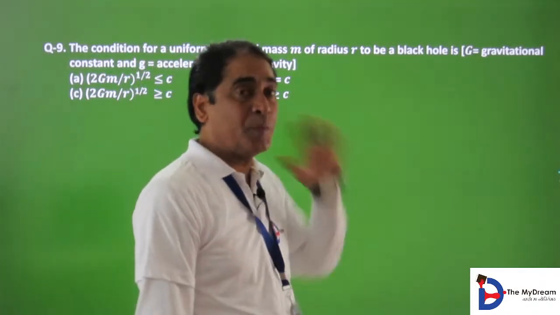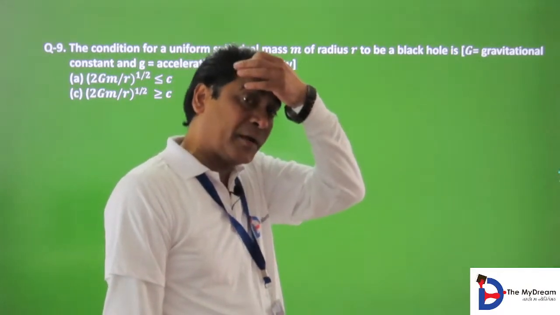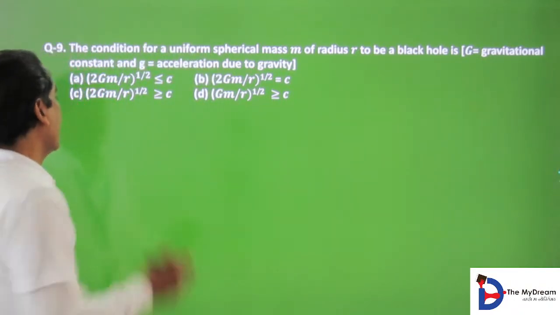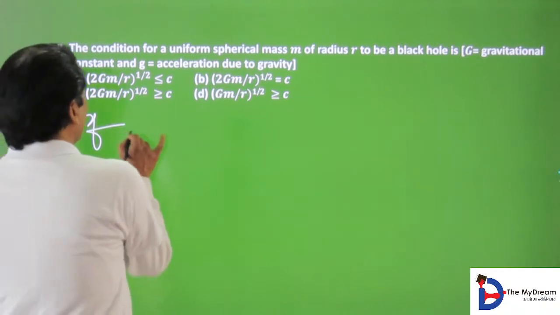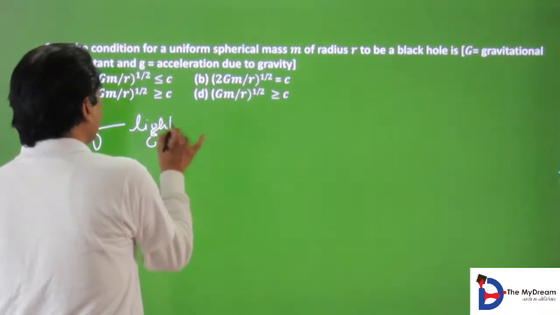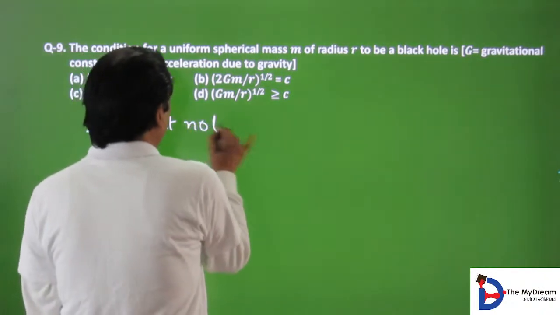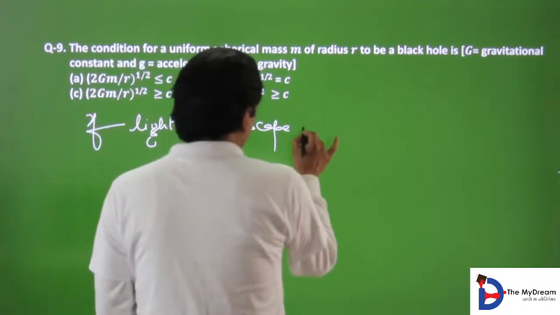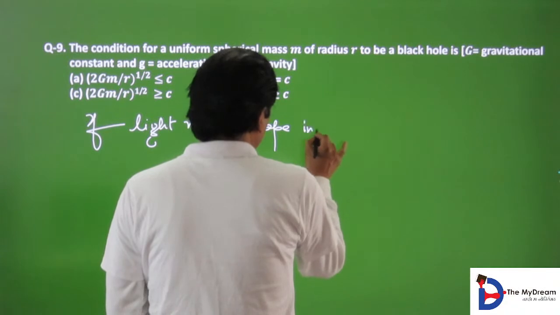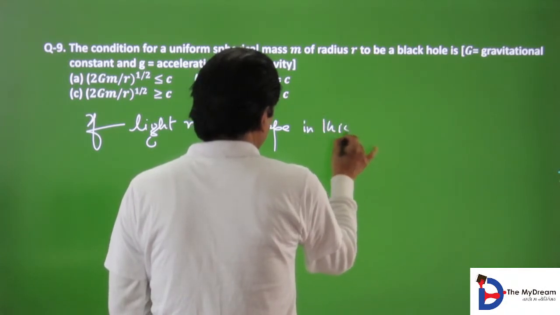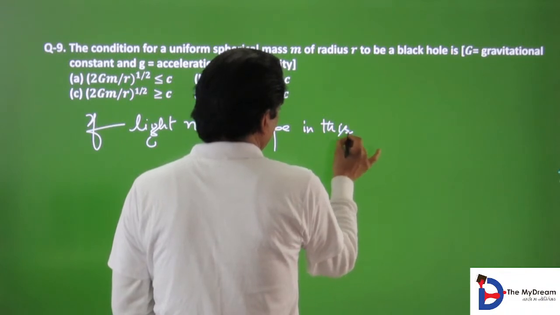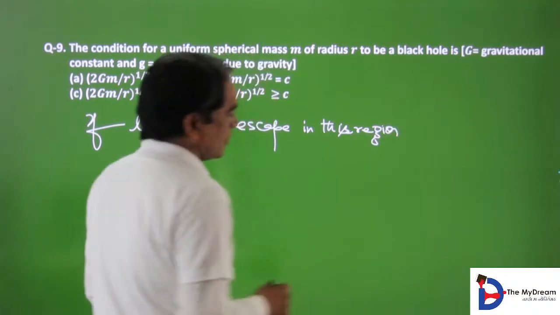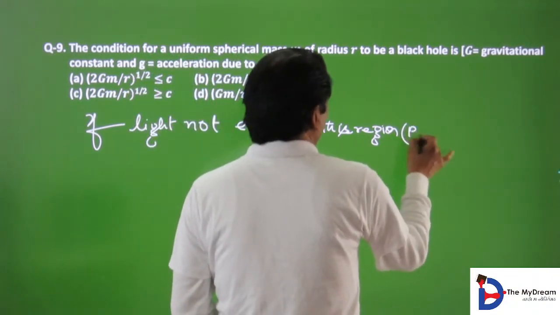When we are talking about the black hole, if light cannot escape in this region, that is the black hole.